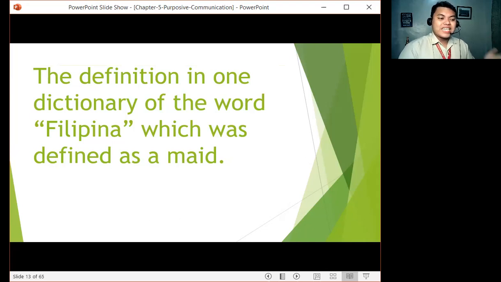Therefore, this is an invalid definition. Invalid definitions stem from the observation that some Filipinas are employed as maids. Their explanation was that some of the Filipinas went abroad and work there as maids. So since a number of Filipinas were seen as maids, the sweeping or incorrect generalization is that all Filipinas are therefore maids, which is wrong.